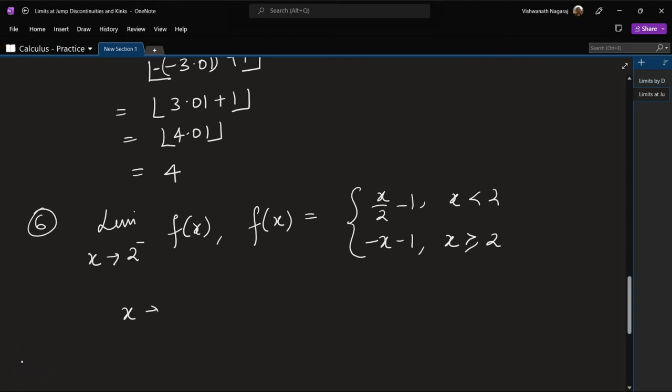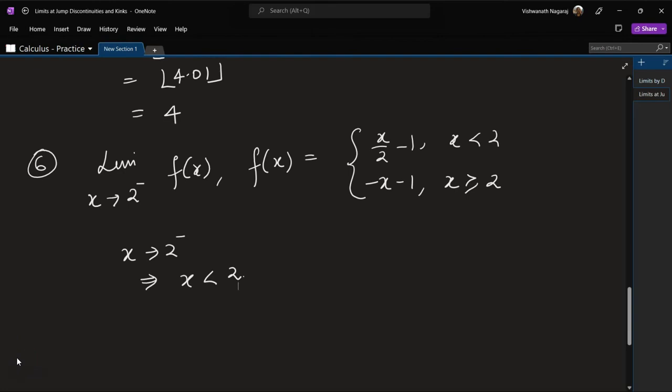So x approaches 2 from the negative side implies that x is less than 2, and when it is coming from the left, it can't be equal to 2. The function that we would be using is f of x equal to x by 2 minus 1.